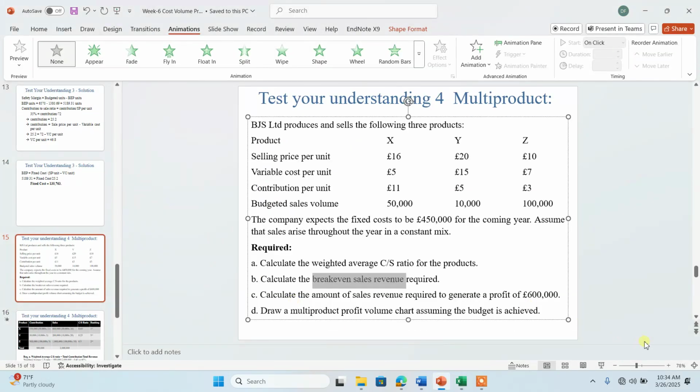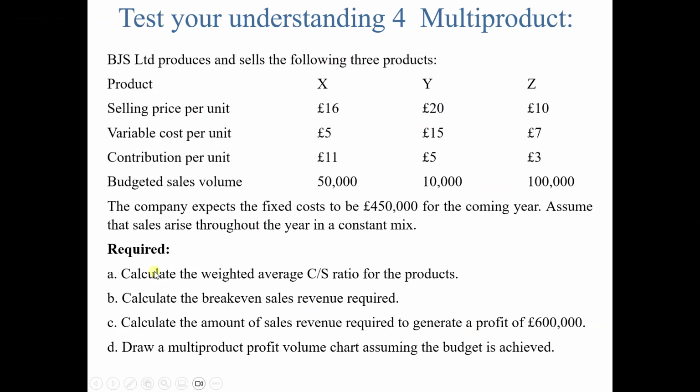Now the third requirement: we have a desired profit of 600,000. So we need to calculate the amount of sales where we can reach the 600,000 profit. If we make 1 million in sales, we will be at zero profit. How much sales should I do to reach this profit?